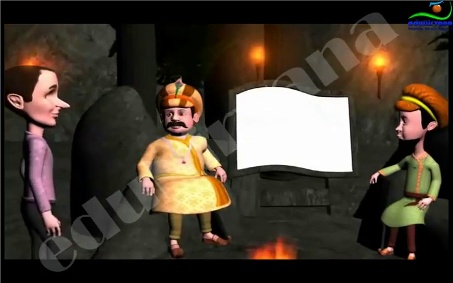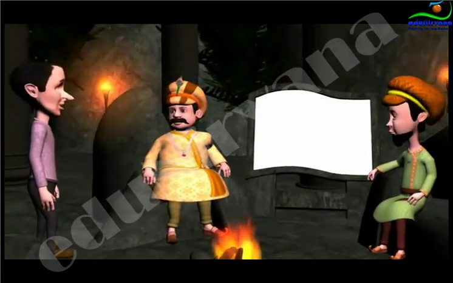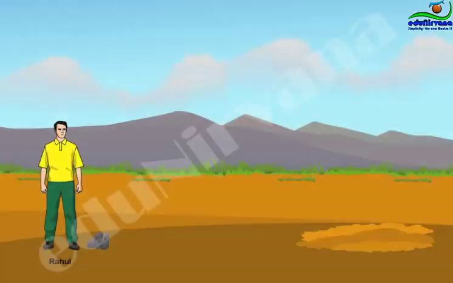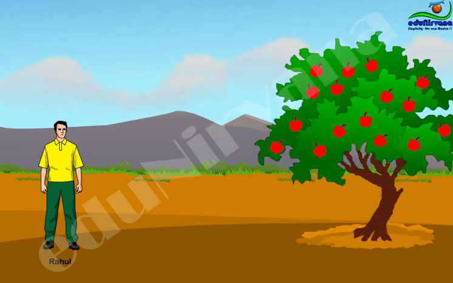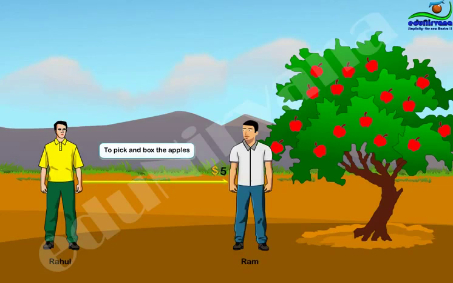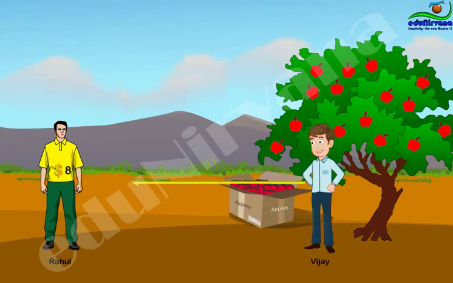For sure. Consider a simple economy in which one good is produced and sold. Rahul finds an apple seed and plants it. In some years, an apple tree appears. Rahul pays Ram $5 in wages to pick and box the apples. Next, Rahul sells the apples to Vijay for $8.